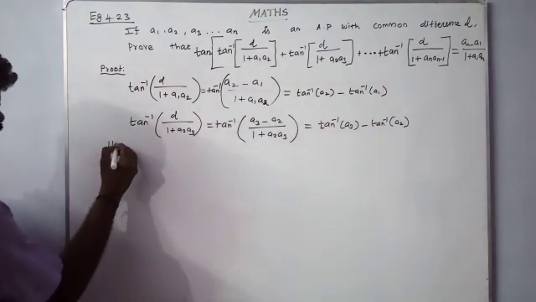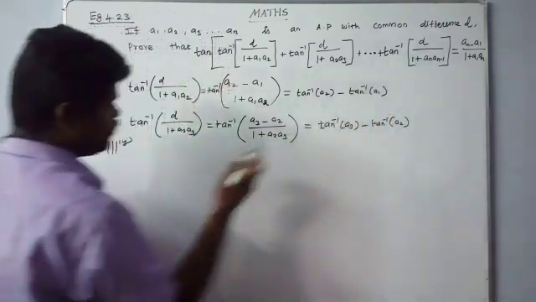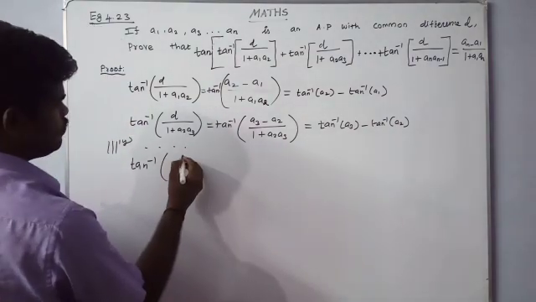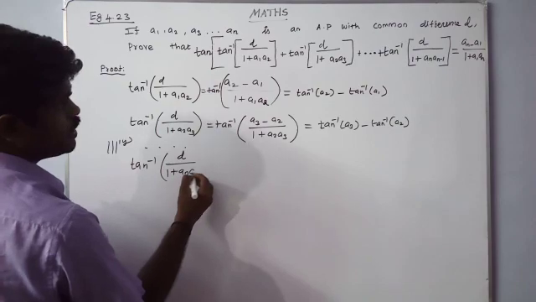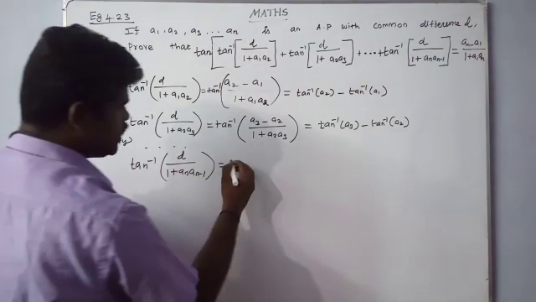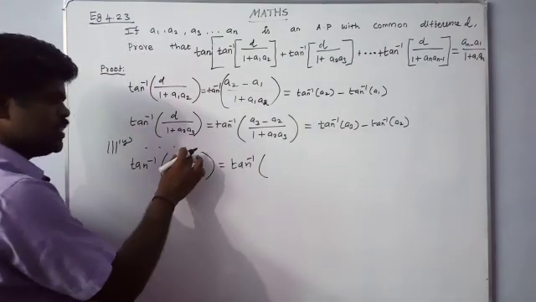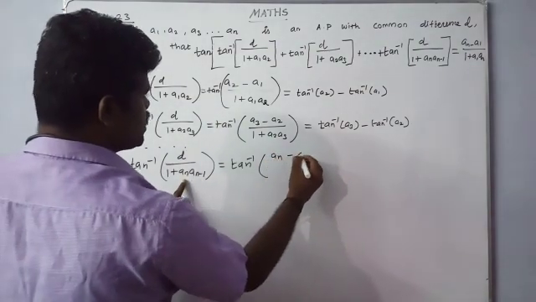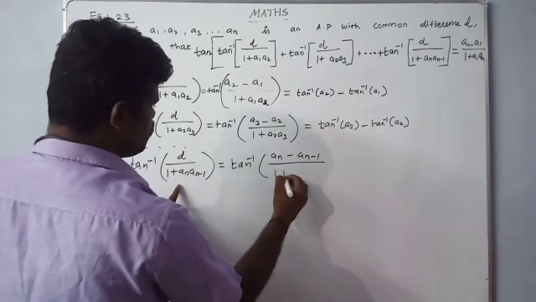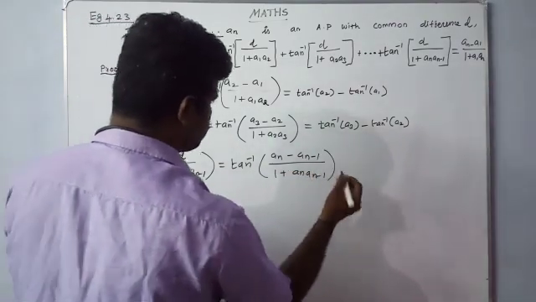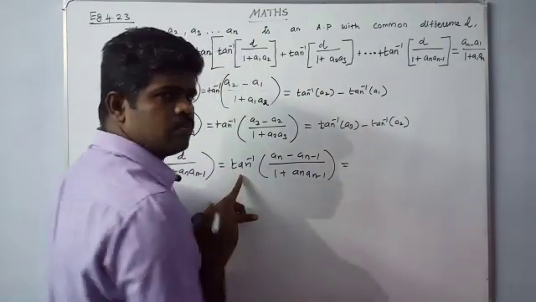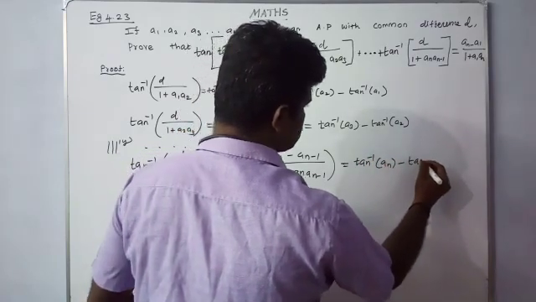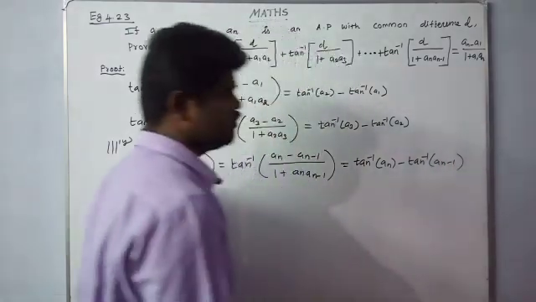Similarly we can write this term, and so on, tan inverse of d by 1 plus a(n-1) an. Here d is the difference between the last term and the previous term, an minus a(n-1), divided by 1 plus a(n-1) an. Using property 6, this is tan inverse of an minus tan inverse of a(n-1).